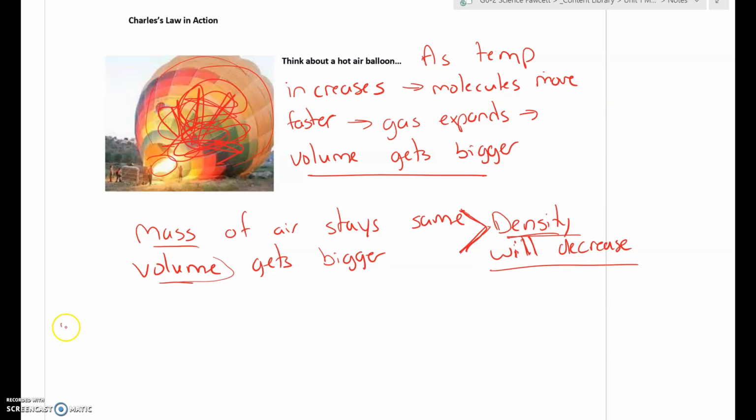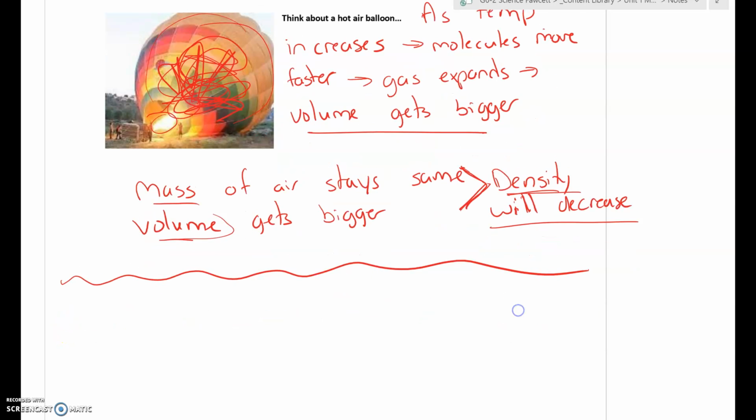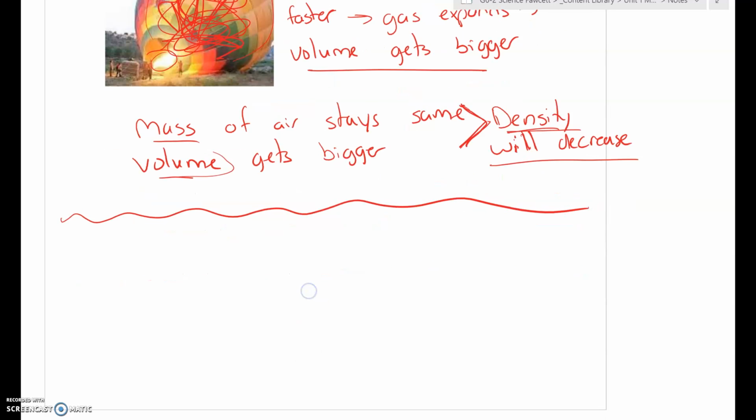So bottom line here, we have three different laws. We have a relationship between pressure and volume, and that is an inverse relationship, that when one goes up, the other one goes down.